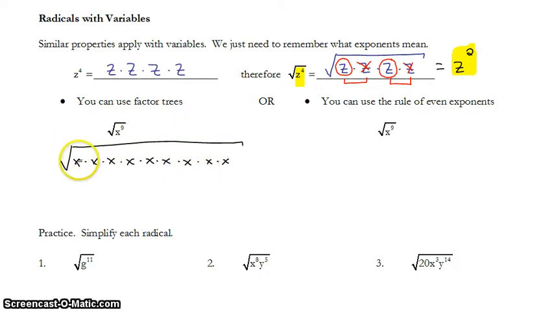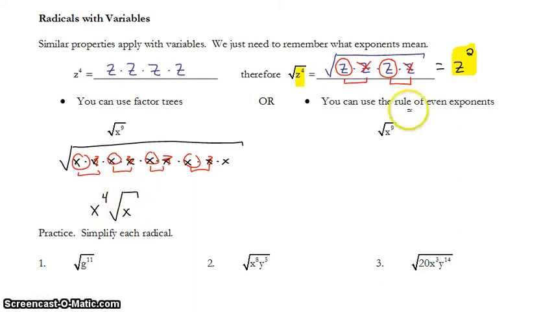And just pull out pairs, because that's 1, 2, 3, 4, 5, 6, 7, 8, 9 x's. There's one pair I'd pull out, two pairs I'd pull out, 3, 4 pairs I'd pull out, but I'd have an x left over. Well, if I have 4 pairs, that's x times x times x times x, x to the fourth. That comes out. What's left over is just my x.